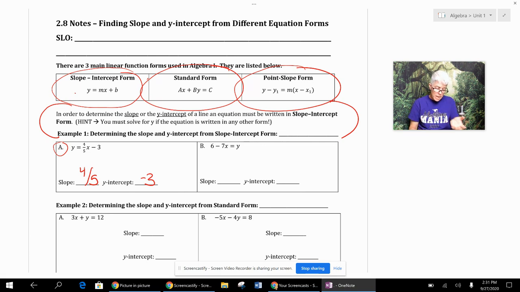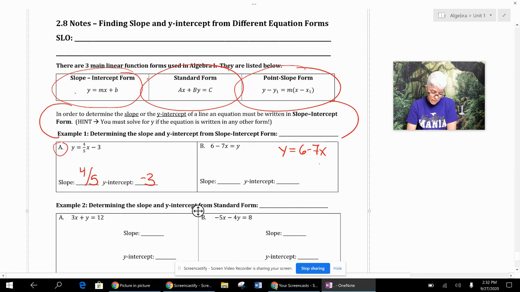So if I look at B, the second example, it looks pretty close to slope-intercept form, but things are kind of in a weird way. So I'm going to go ahead, just so it matches y equals mx plus b, I'm going to flip it. So I'm going to put the y on this side, 6 minus 7x on that side. I want to continue to flip things around.